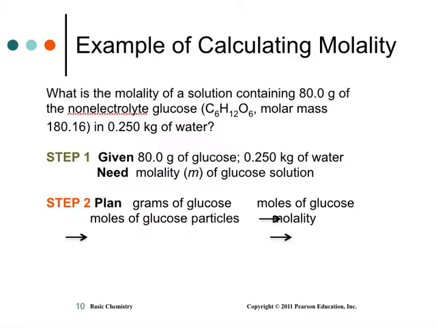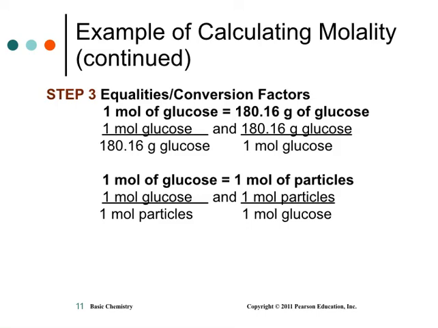What is the molality of a solution containing 80 grams of a non-electrolyte glucose? Okay, so we know that we've got 1/4 kilogram of water and 80 grams of glucose. So we need to know how many moles it is because it's moles over. Okay, so we have 180 grams equals a mole of glucose.